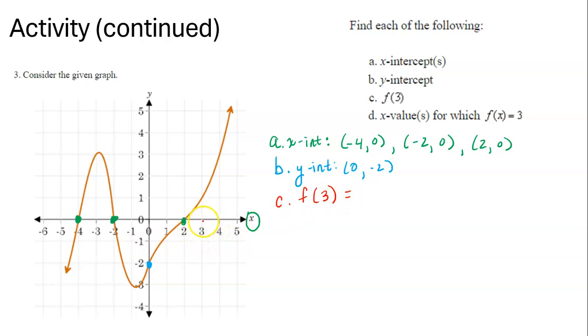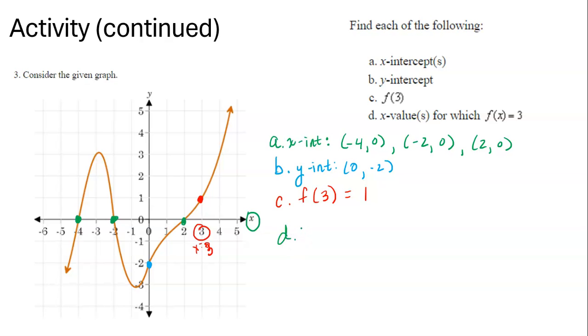So f of 3, when x is 3, on the function we get 1. So this is x is equal to 3, and y is equal to 1. And then last one here.